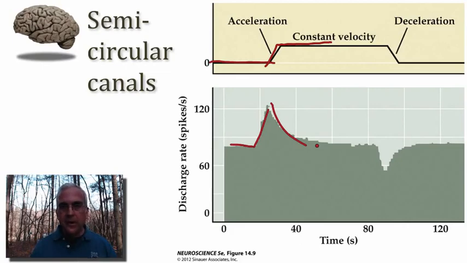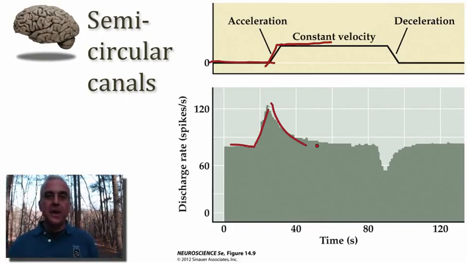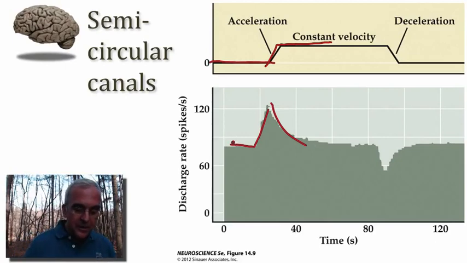But as we attain constant velocity, so you can imagine if you start to turn around in circles, I'm not going to be able to do this very long because I'm going to get dizzy real quick. But in the first few seconds of rotation, my left horizontal canal began to increase its firing rate.